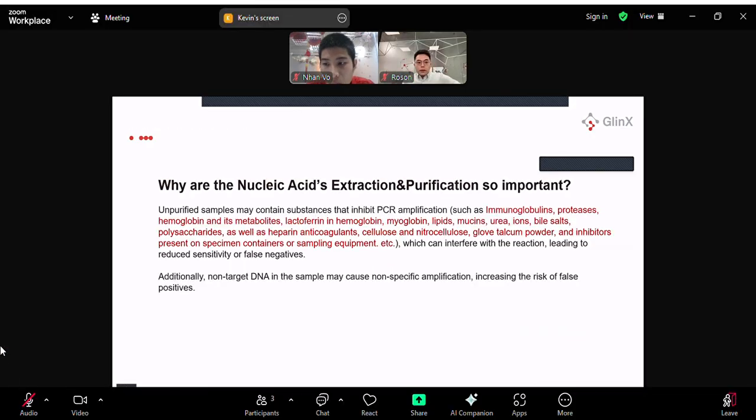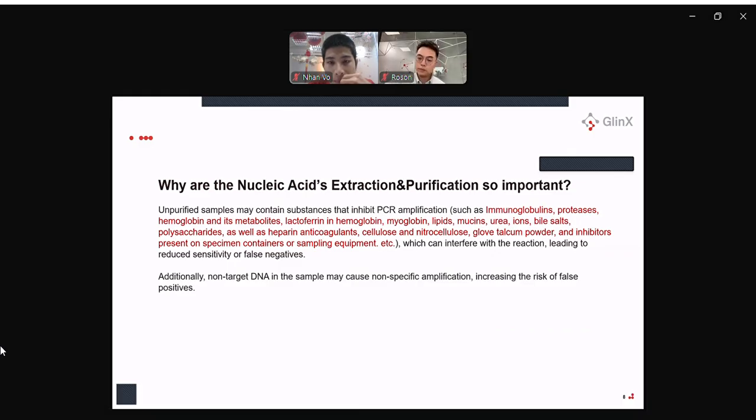So, as we mentioned before, the InCycle machine is not only a PCR machine. But why do we say that the nucleic acids extraction and purification is so important, or why do we need to conduct it?